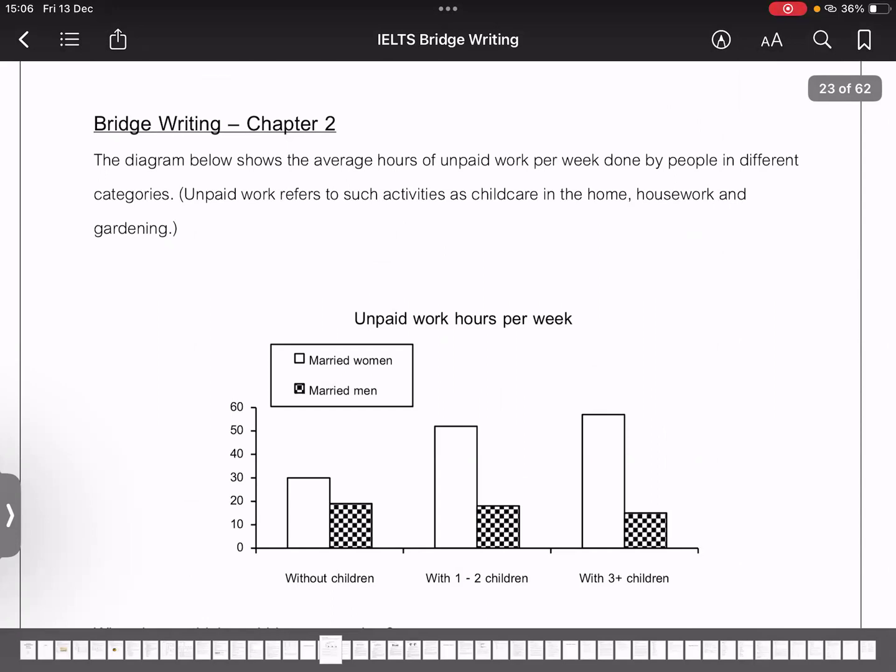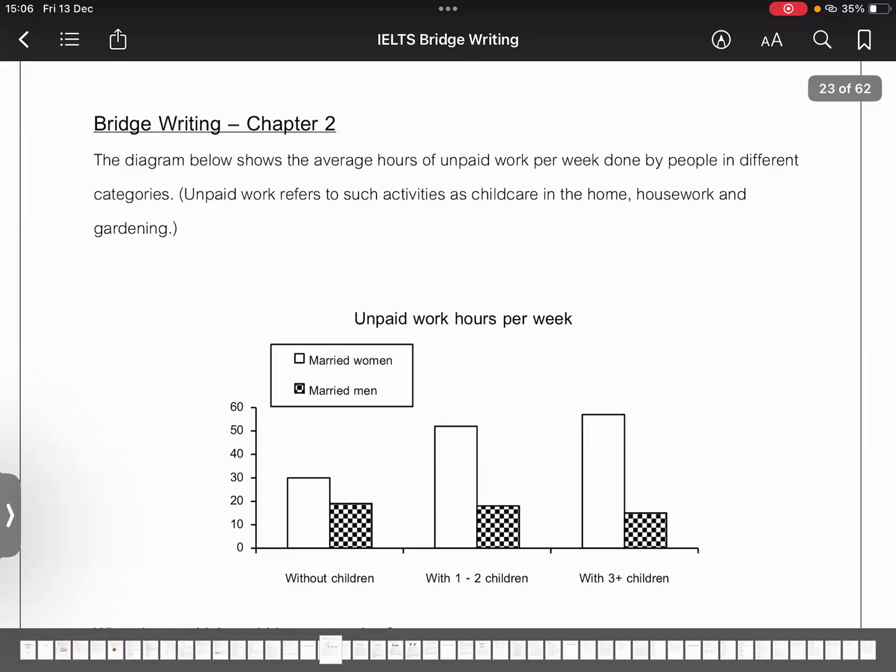Married men and married women. Okay, and the bar chart simply shows us the number of hours that they do housework. So unpaid work here means housework, okay? Housework to do in 1 week.